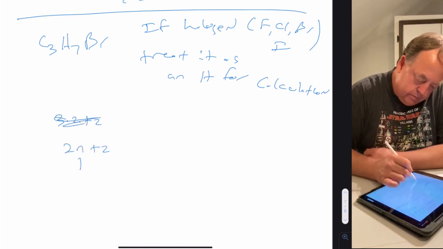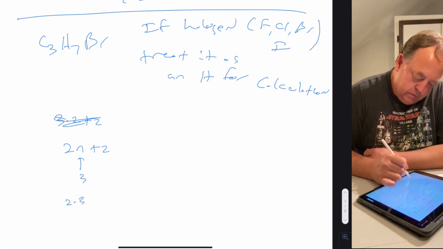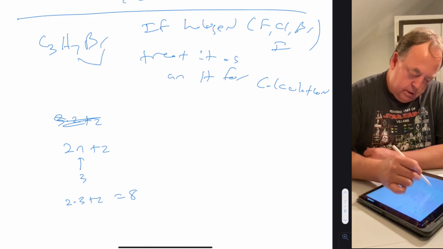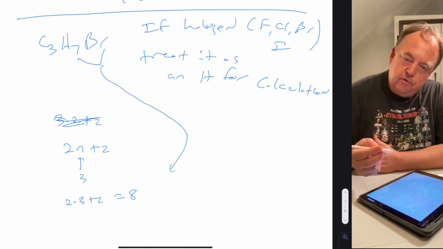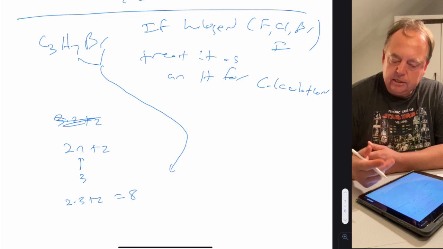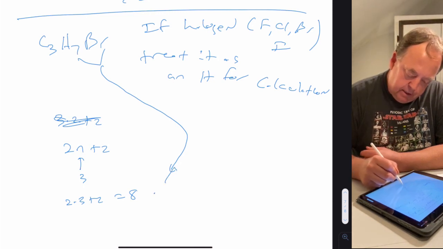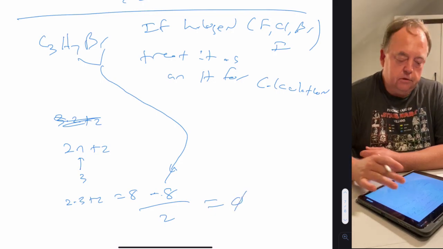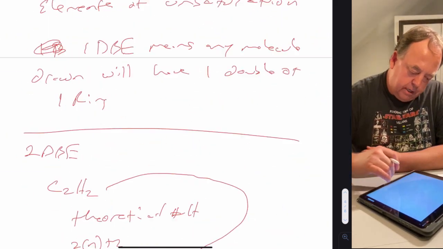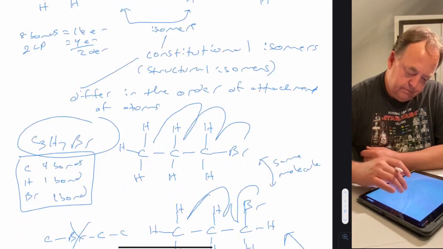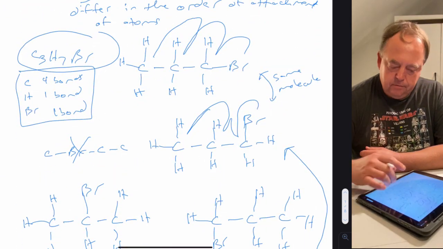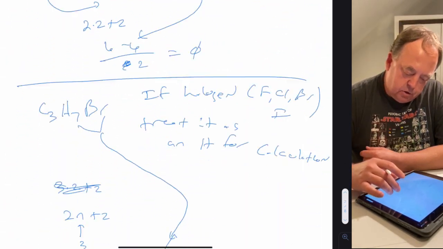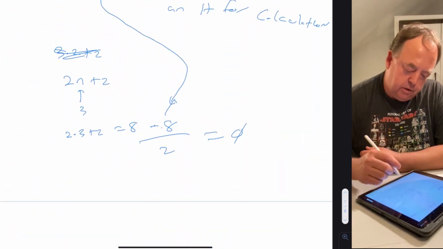If n is 3, 2 times 3 plus 2 is equal to 8. And then you treat the bromine like it was a hydrogen for calculating your number of actual hydrogens. So 8 minus 8 divided by 2 is 0 double bond equivalencies. And as you can see, for the C3H7Br that we came up with, no double bonds, no rings, and the formula tells you that. You got 0 double bond equivalencies, so you better not have any double bonds or rings in your molecule.